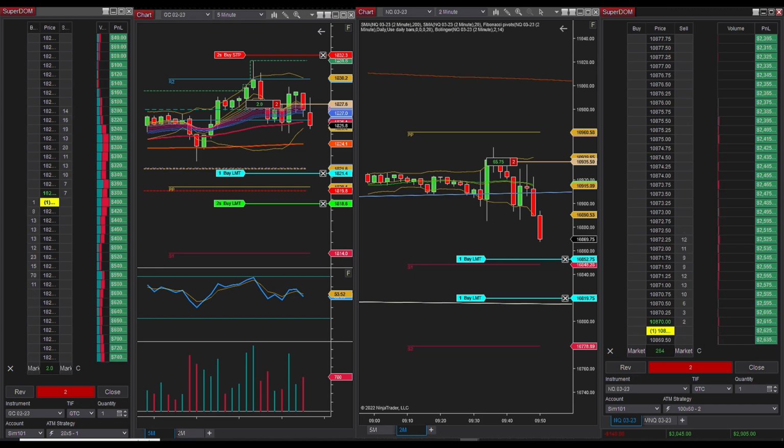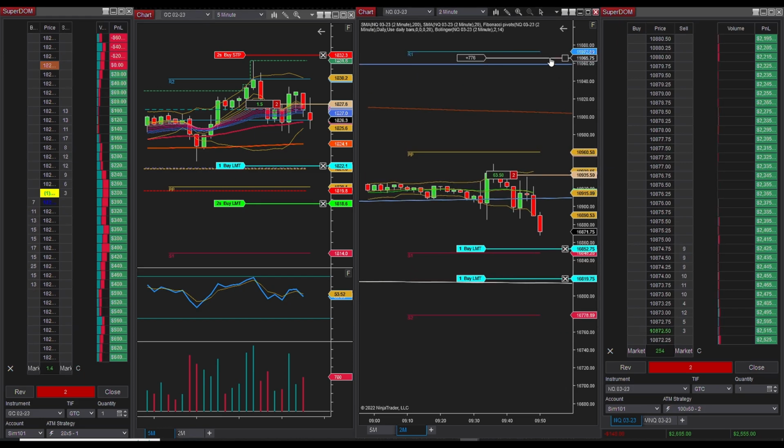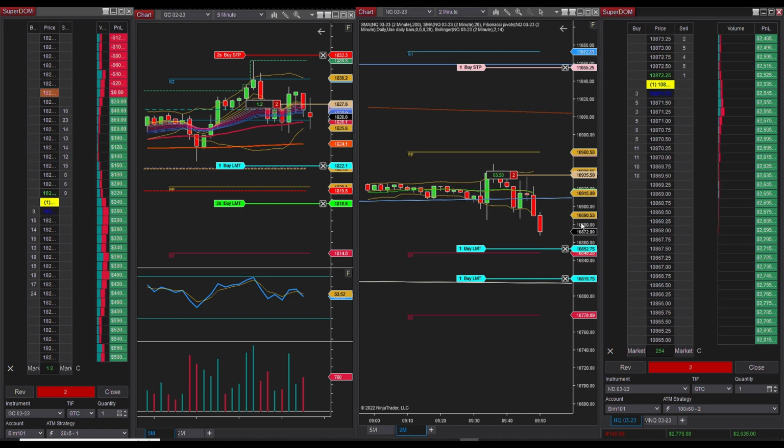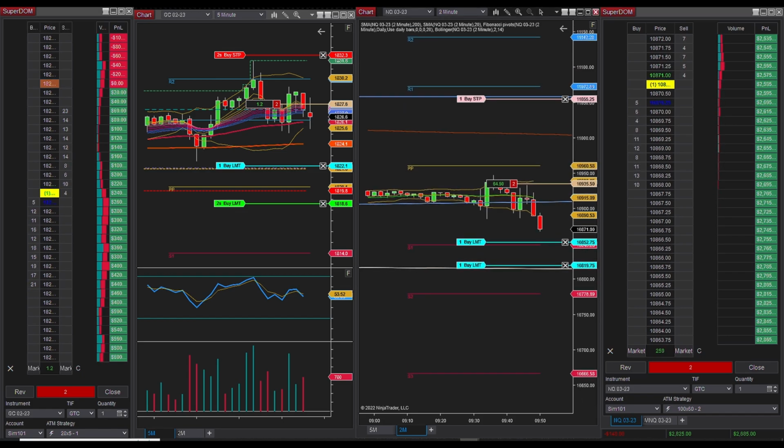First target hit, Nasdaq. So I'm placing my buy order as a stop loss.